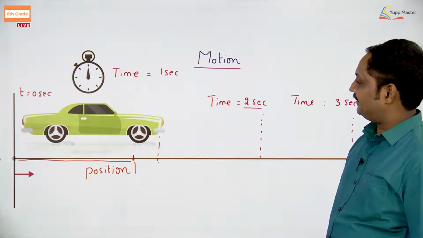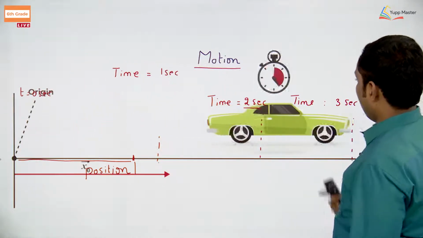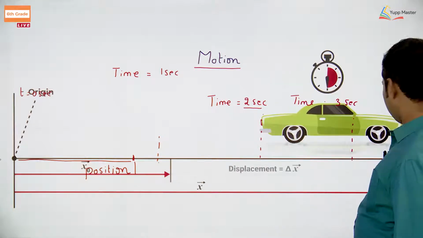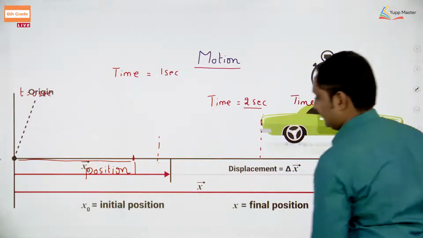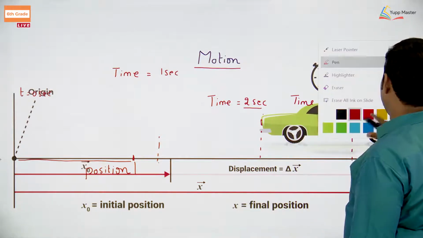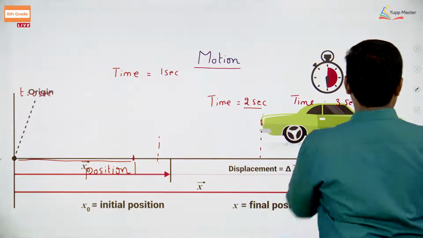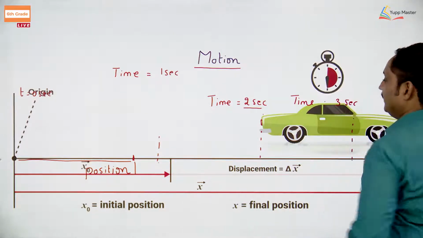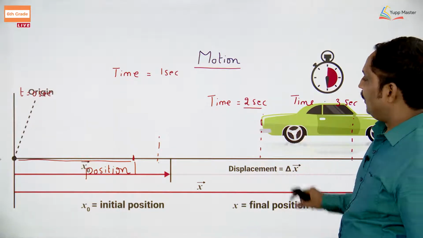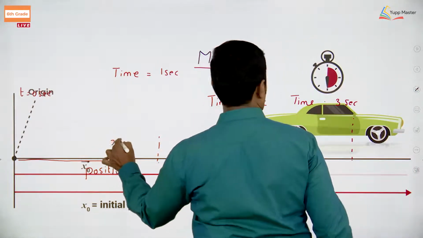Let's see. Yes, right. If you take 1 second, 2 seconds, it has traveled a total distance. You can write down the final position and initial position. Yes, you know the distance travelled, that is, you can confirm.